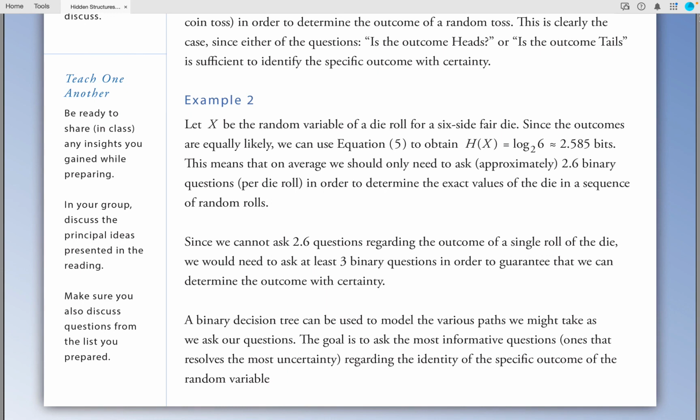A binary decision tree can be used to model the various paths we might take as we ask our questions. The goal is to ask the most informative questions, ones that resolve the most uncertainty regarding the identity of the specific outcome of the random variable.